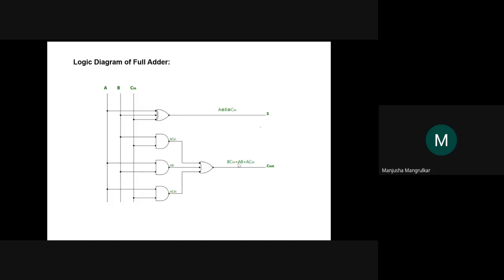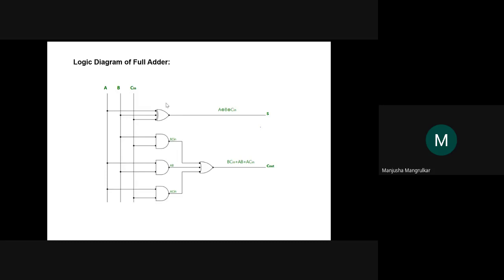So BC plus AB plus AC. So this is your C out, meaning your carry out, and this is your sum, right? We will give the inputs accordingly. If we connect LEDs here, then according to that, that LED will glow. We'll see in the practicals how we do the practical on the half adder and full adder.